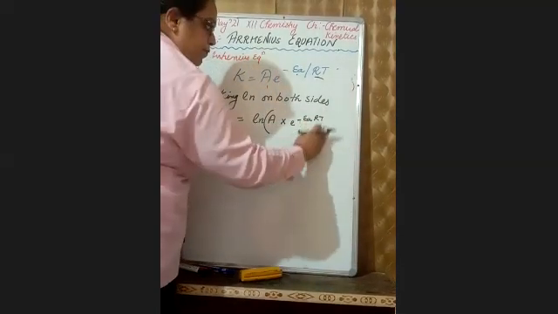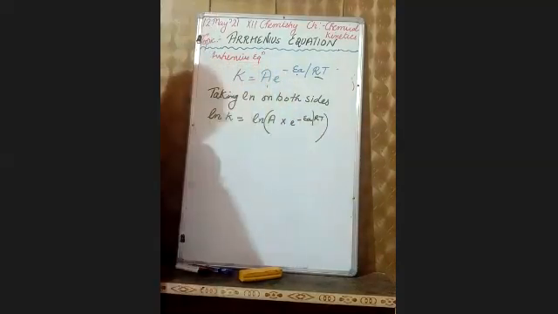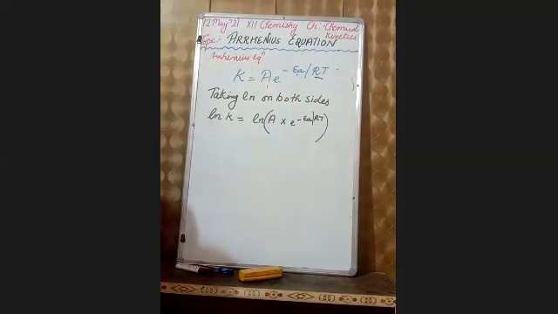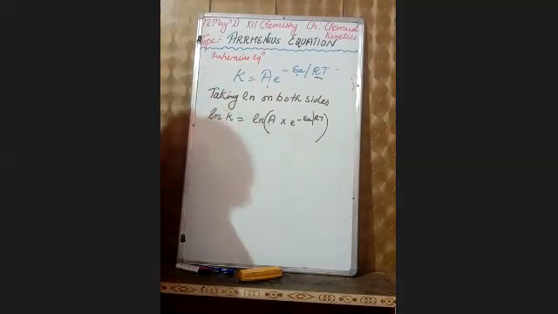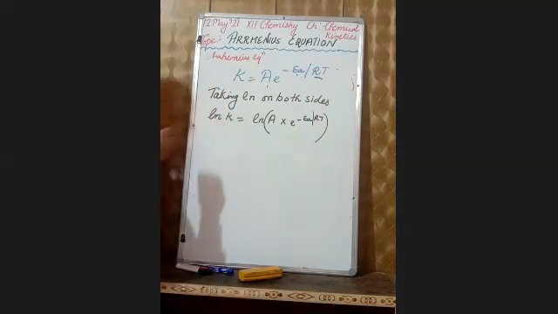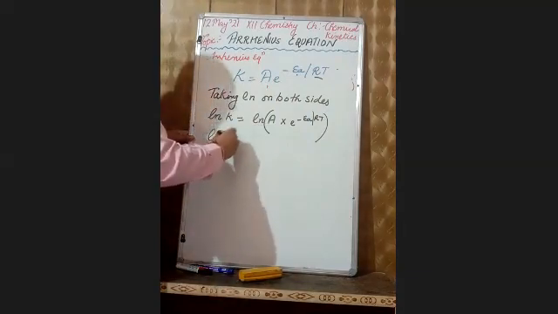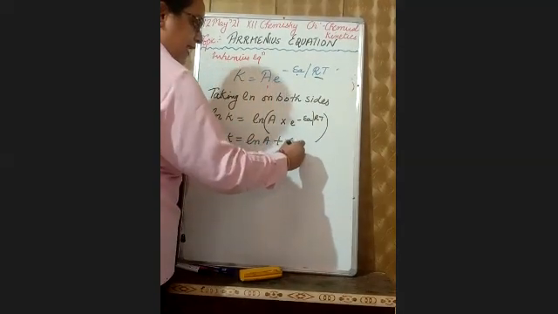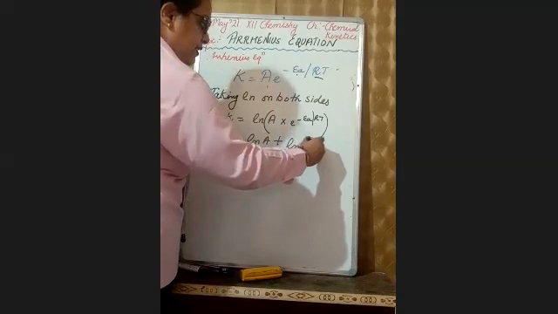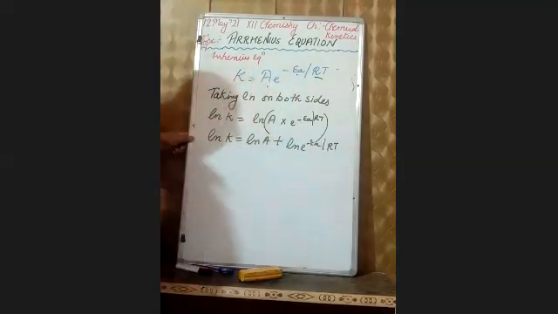Taking log on both sides, log A into B is your log A plus log B. So it comes out to be ln k is equal to ln A plus ln e to the power minus Ea over RT.